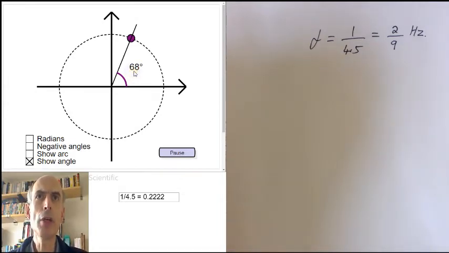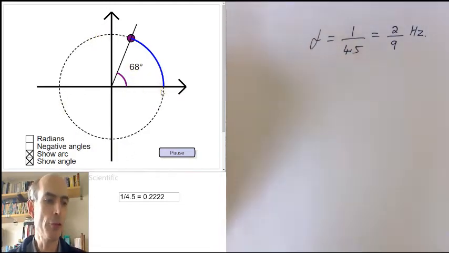Now, supposing I wanted to work out what the length of this arc was from here to here. I've drawn it in blue here. The length of that arc is 68/360ths of the way around a circle.